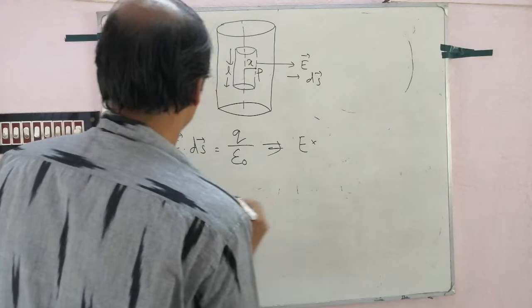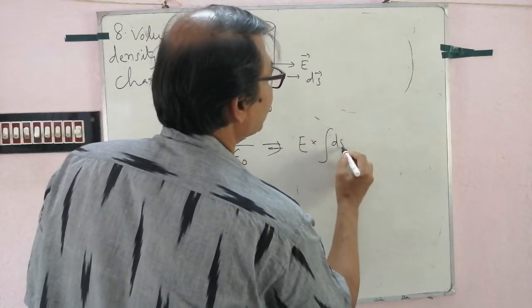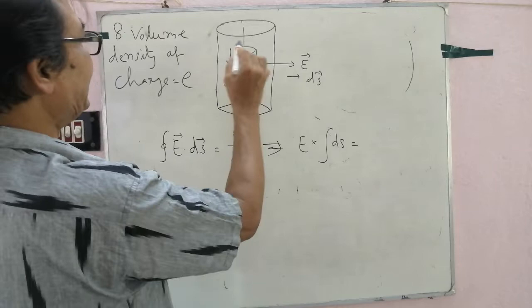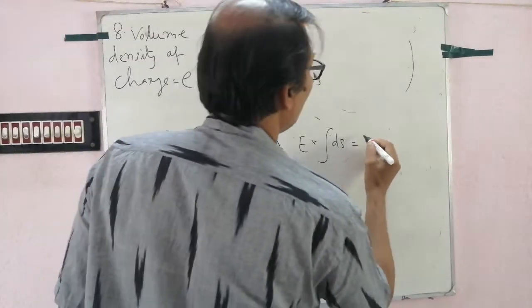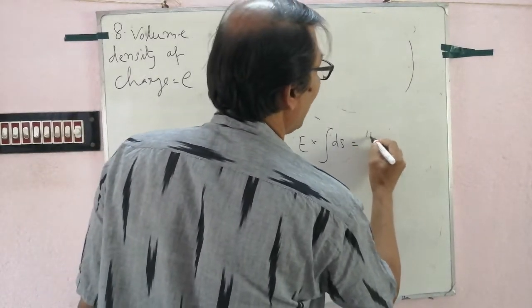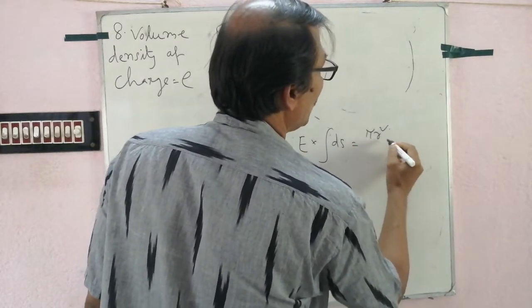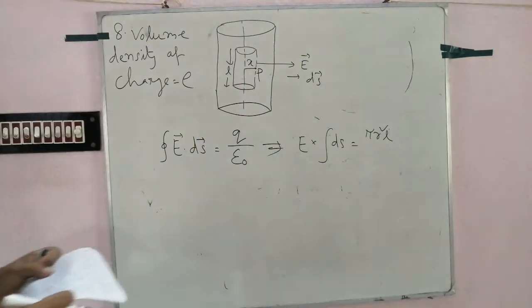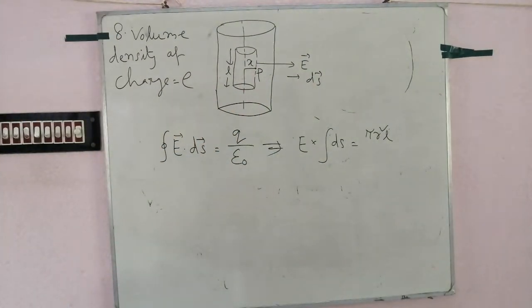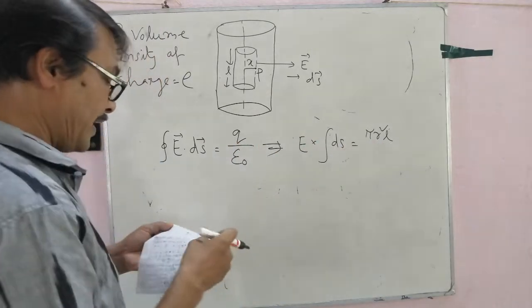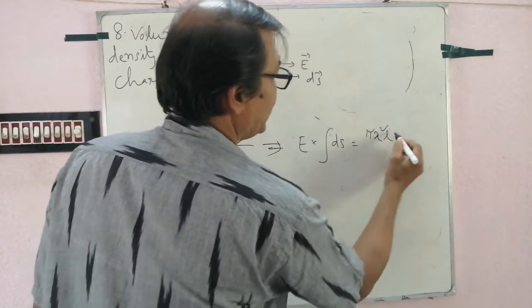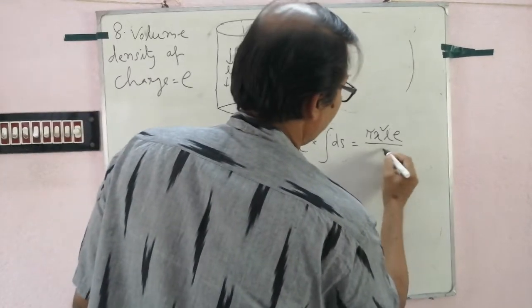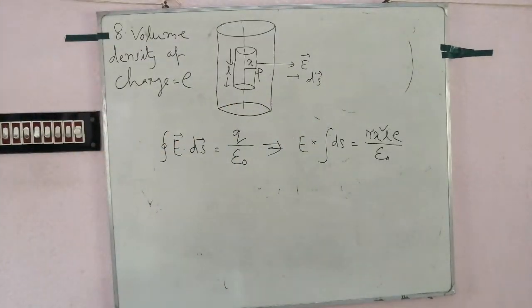The total charge is the volume of this inner cylinder, pi r square into L, or rather pi x square L, into rho, divided by epsilon naught. Follow it.